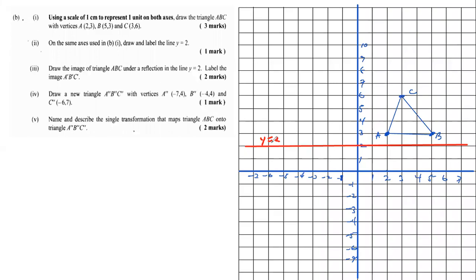So if that is my mirror line, I need to actually reflect. So how do we reflect? How do I reflect this over that side? You count from the point to the mirror line, then from the mirror line you go down the same number.